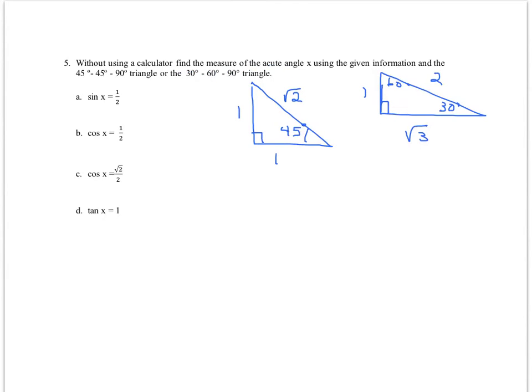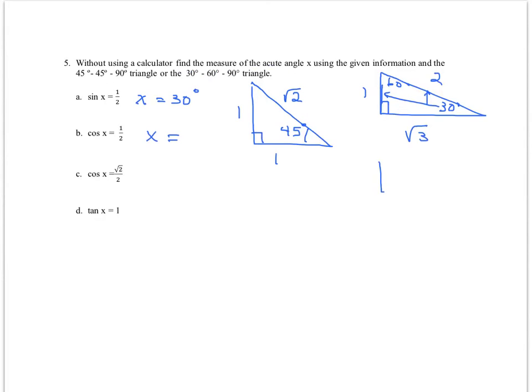So I need to find the angle whose sine is 1/2. So I look over here, the side opposite the 30 is 1 and the hypotenuse is 2, so x equals 30 degrees. Perfect. The angle whose cosine is 1/2, let's look over here. Cosine is adjacent over hypotenuse.